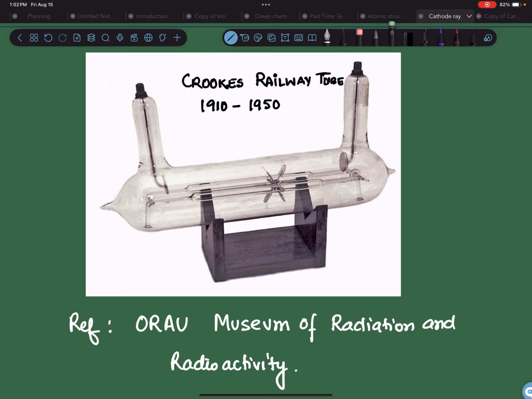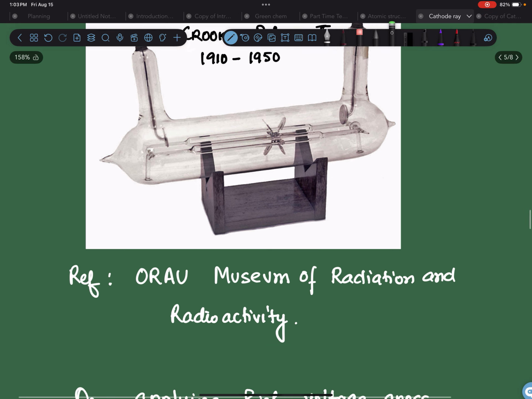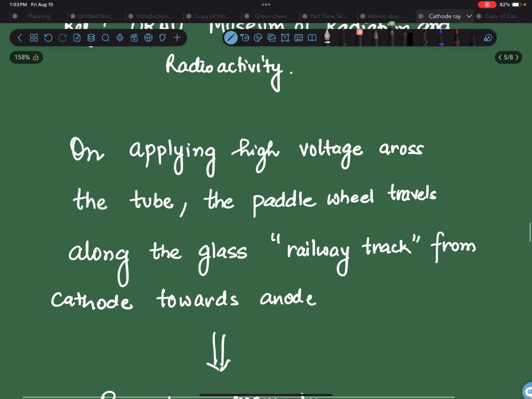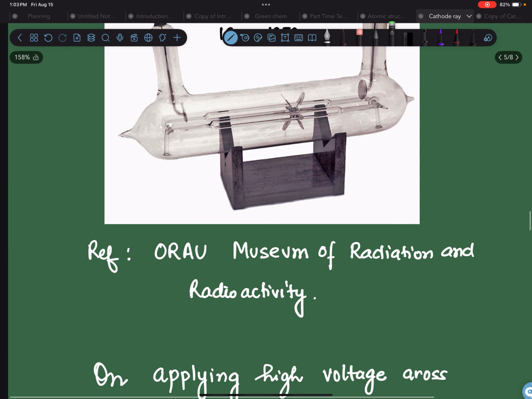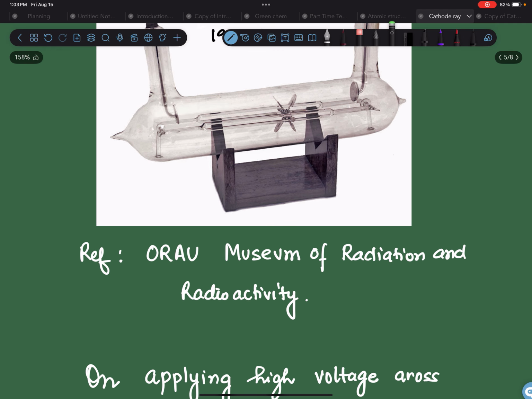He applied high voltage across the cathode and the anode, and when the radiation comes from the cathode, this paddle moves along the railway track towards the anode, right? So from this he concluded that the rays have momentum. They have that much force that they can push the paddle towards the anode. So that was his observation.